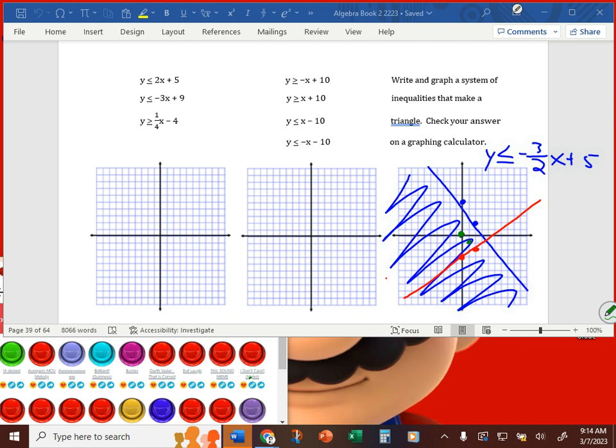That doesn't make a triangle, does it? Maybe I'll go up 1/2. So it comes like this, right? There's my triangle. It's very free. You decide. You're basically graphing three lines that make a triangle, and then make your inequality symbols so that your ultimate solution set is in between.